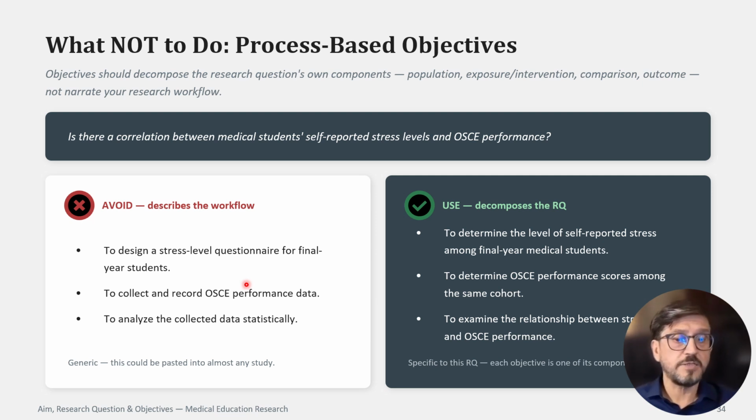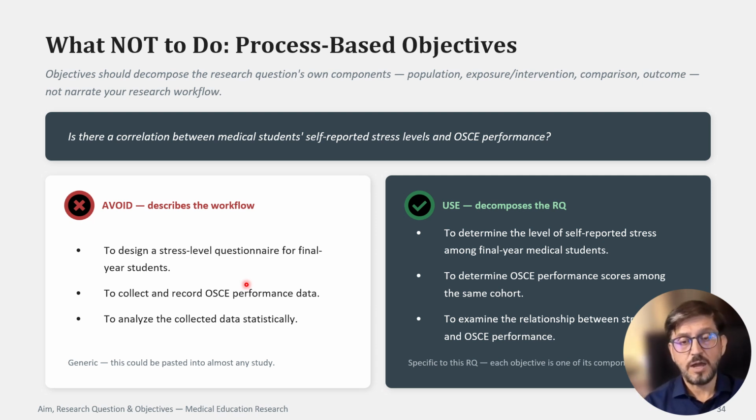The research-based objectives are to determine the level of self-reported stress among final year medical students, to determine OSCE performance scores among the same cohort, which basically describe the aim of your research, rather than defining how you would do that.